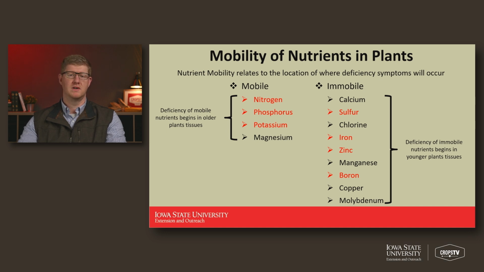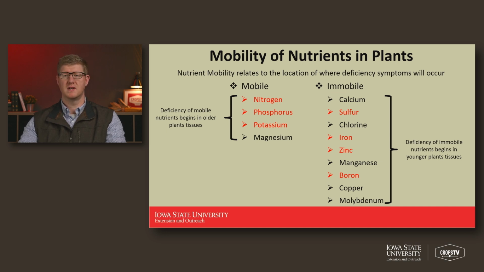So our mobile nutrients, such as nitrogen, phosphorus, and potassium, those are going to move from plant part to plant part. And so the deficiency symptoms for these nutrients are typically going to be observed in the older plant tissues first. So in corn, think the lower leaves, you'll see the deficiency symptoms first.